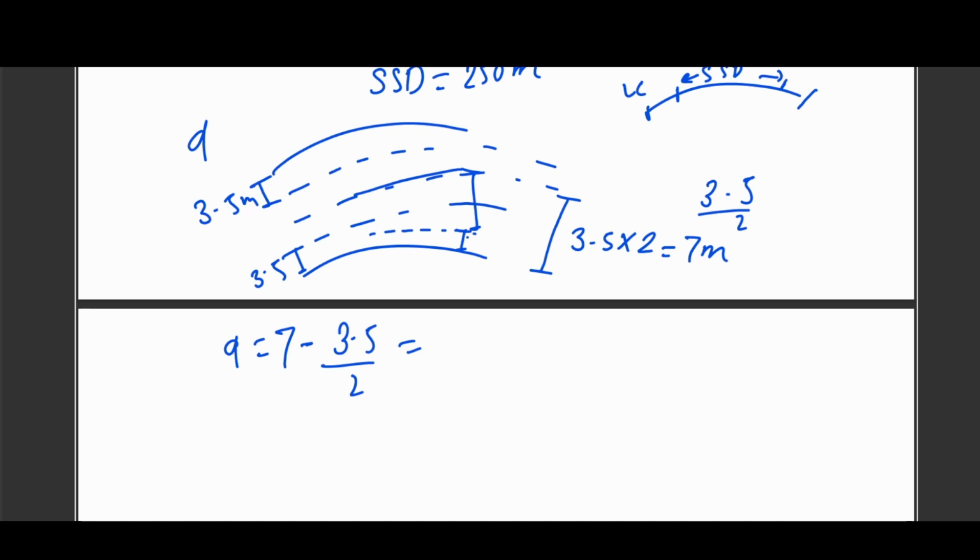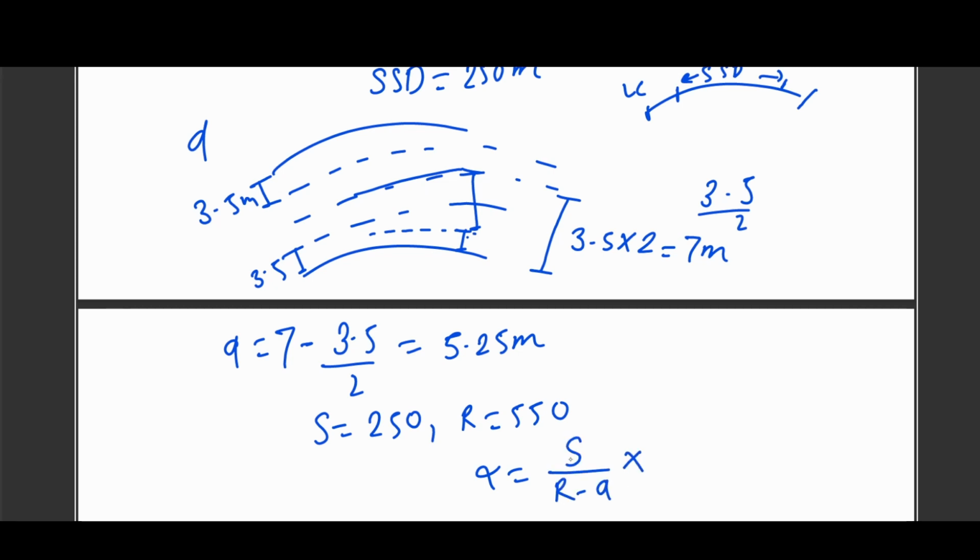The problem was only to find the value of d. Otherwise, the solution will be very simple. So the value would come as 5.25 meter, and sight distance is given as 250. R is given as 550. So alpha equals S divided by R minus d, into 180 by pi, since this is in radian.